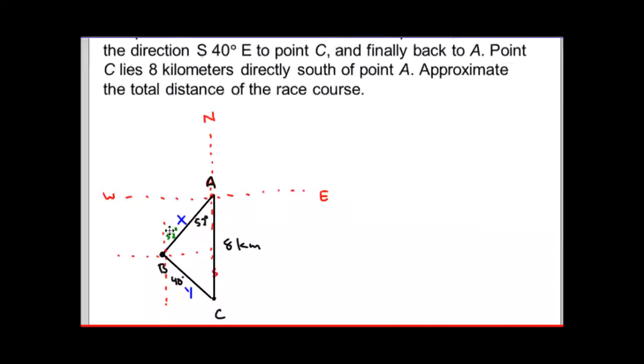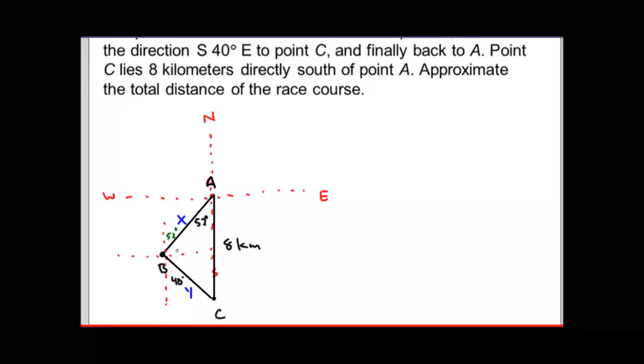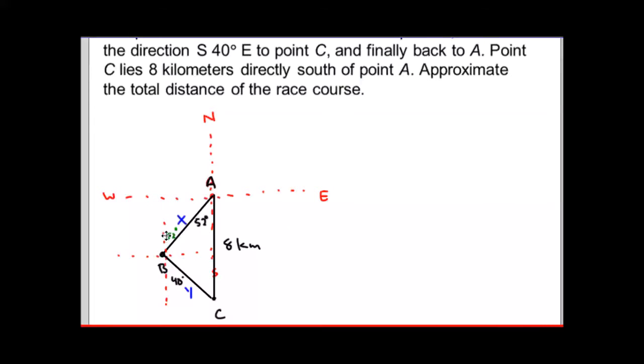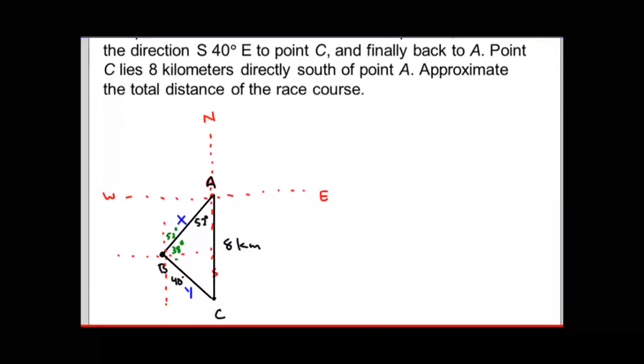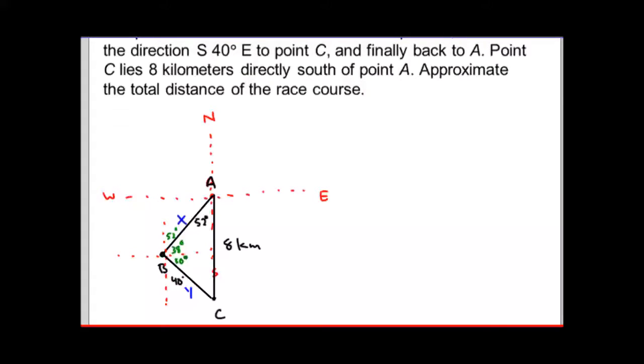This is a transversal. Alternate interior angles have to be congruent. Right, also this angle and this angle right here are complementary. They have to add to 90, so that means this one has to be 38 degrees. Same thing here. If this is 40, this one has to be 50. Right, so this entire angle right here is 88.